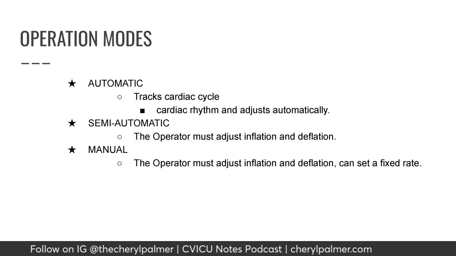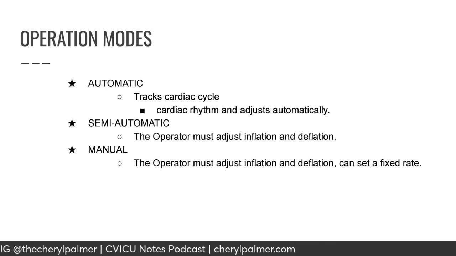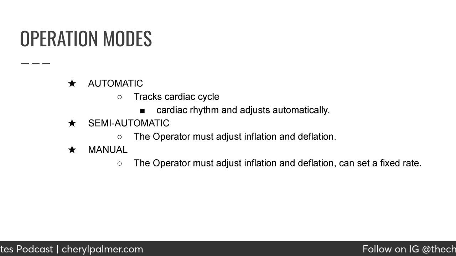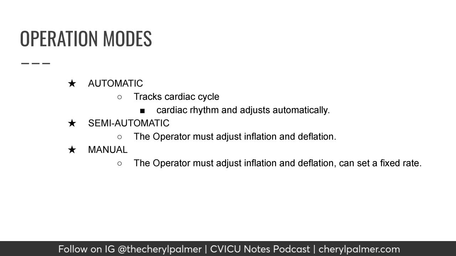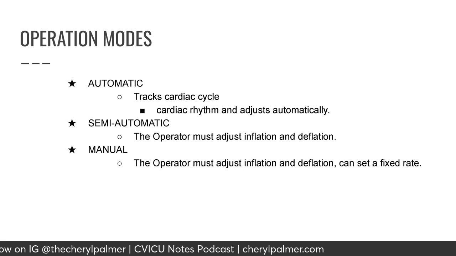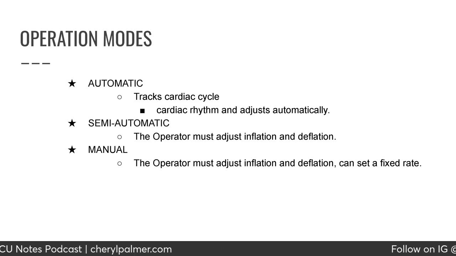Semi-automatic, the operator must adjust the inflation and deflation. Manual, the operator must adjust inflation and deflation and can set a fixed rate. You have to follow your policies really carefully when you have to do this. Most of the time, it's set to automatic.